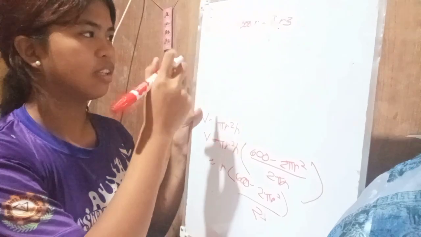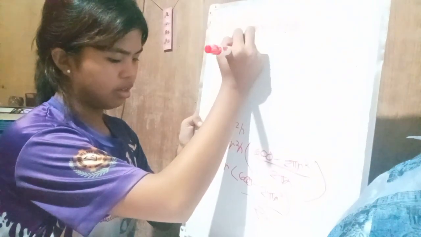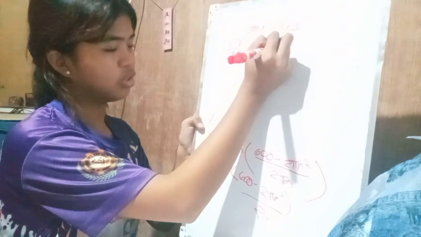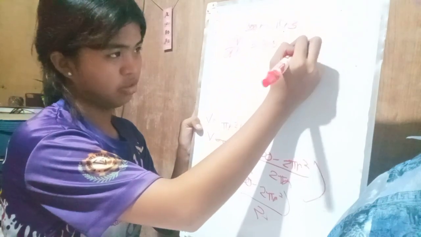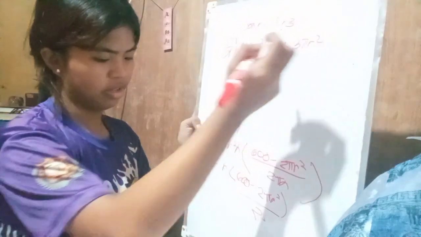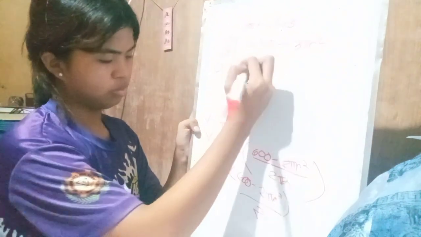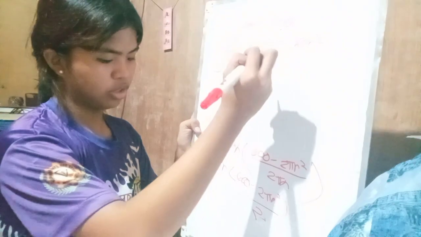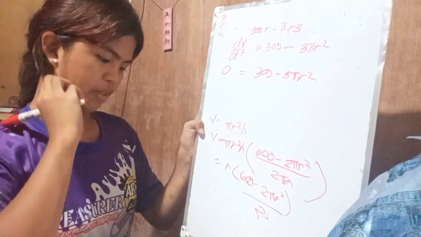Then, we derive it. So, dV over dr is equal to 300 minus 3 pi r squared. Now, we set it to 0: 300 minus 3 pi r squared.